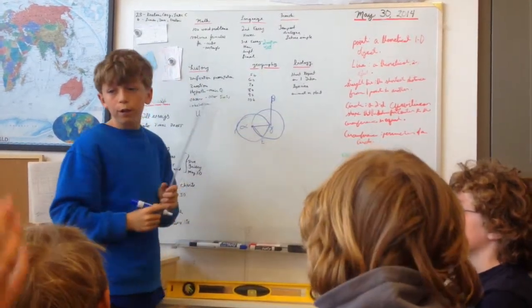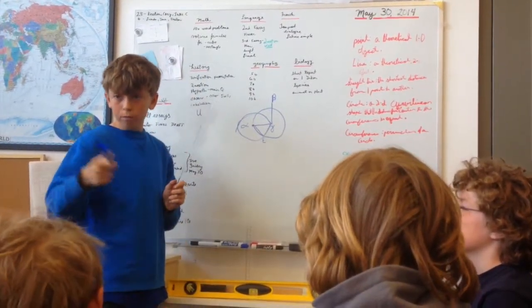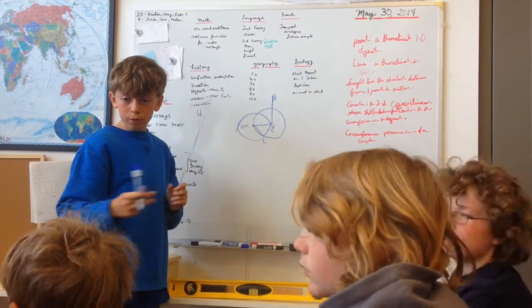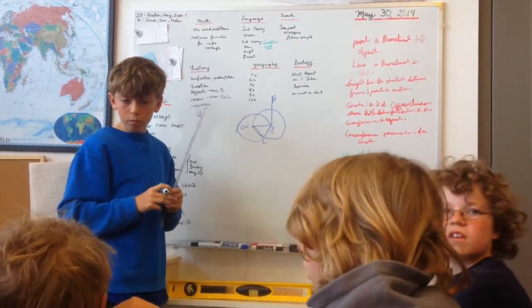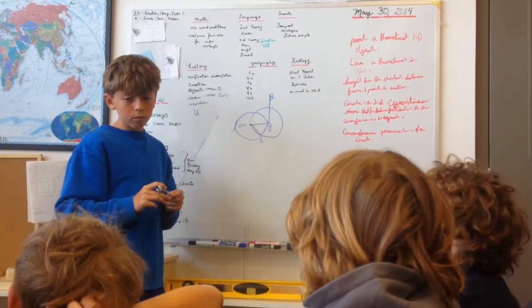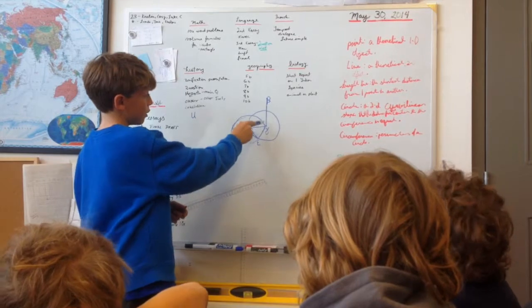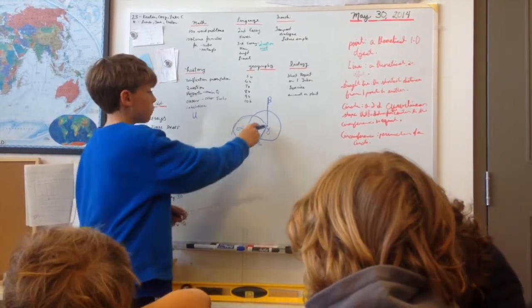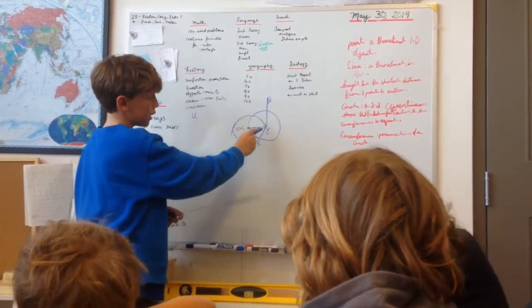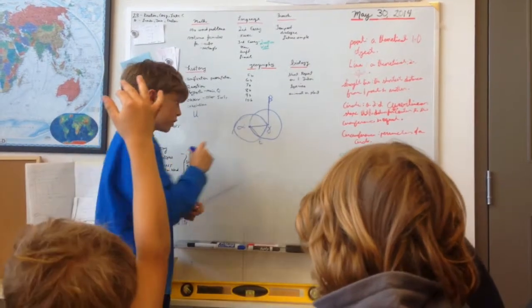What can we create with it? A circle. What part of the circle would this line, gamma to beta, be? A radius, exactly.